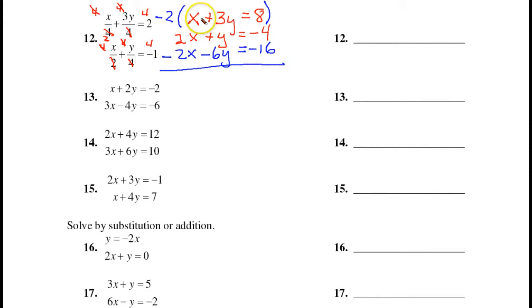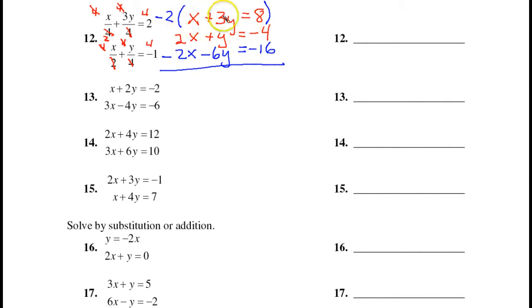So again, hopefully you're following. I had to get rid of fractions. I now am making this an equivalent equation, but something that will allow me to cancel out my x's. We're going to eliminate the x's by multiplying every term by a negative 2.